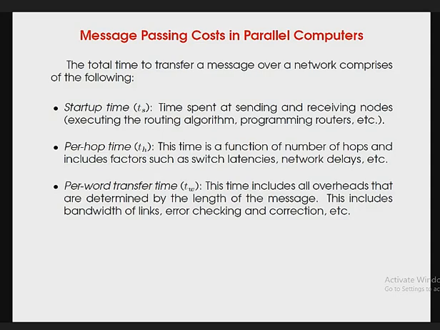The time taken to communicate a message between two nodes in a network is the sum of the time to prepare a message for transmission and the time taken by the message to traverse the network to its destination.